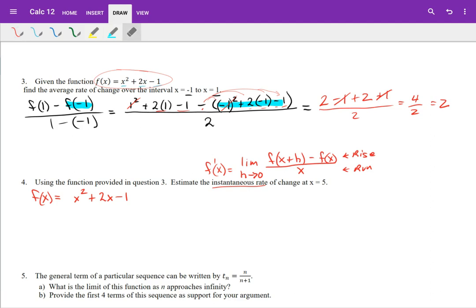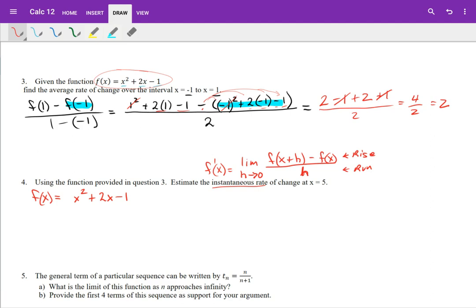The reason it's an instantaneous rate of change is because this h on the bottom here is approaching 0. So therefore, your average rate of change becomes so small that it covers only an instant.